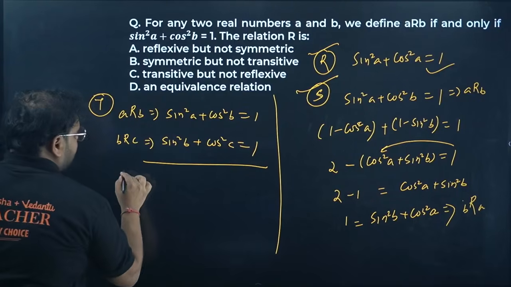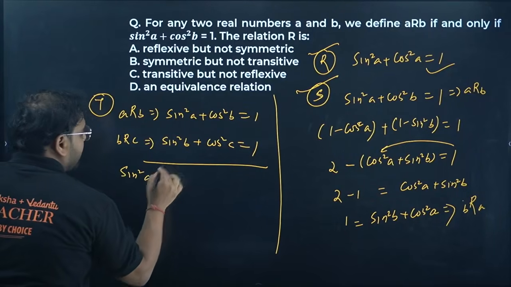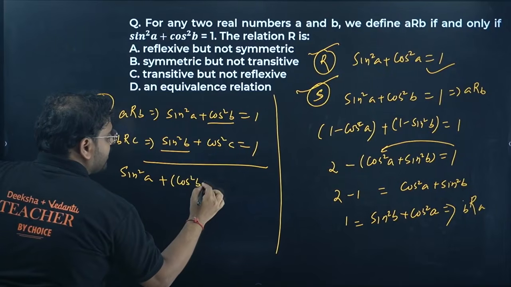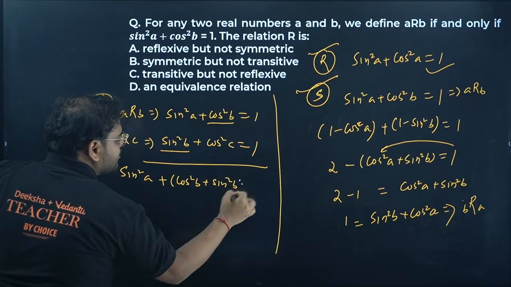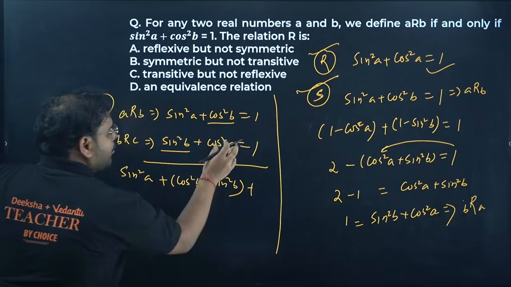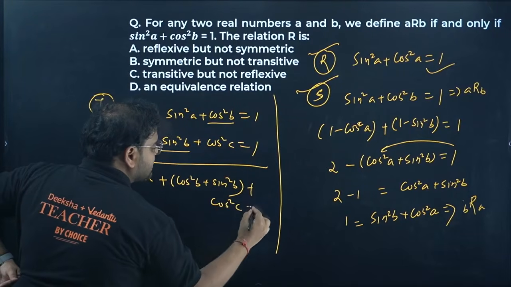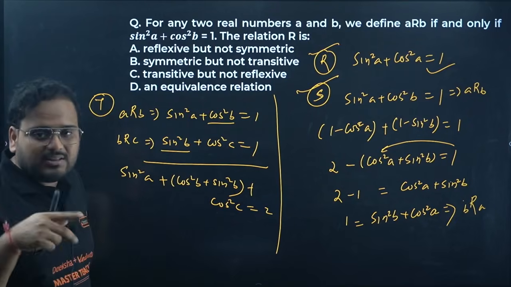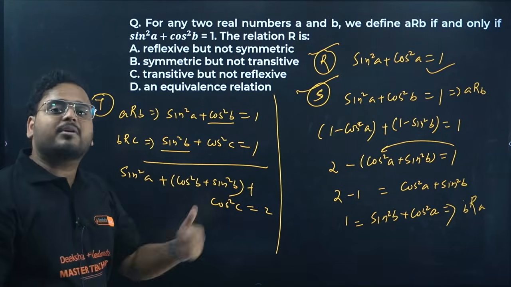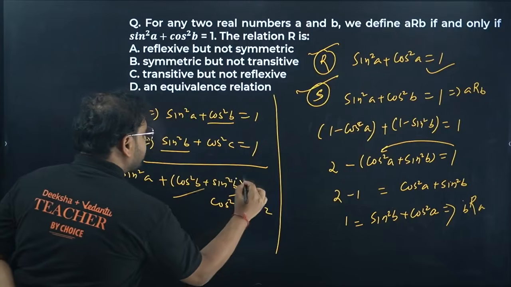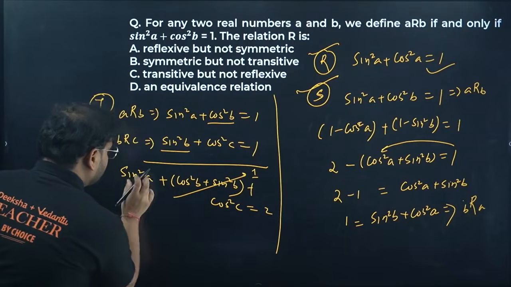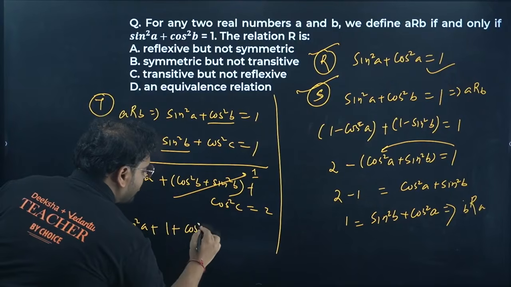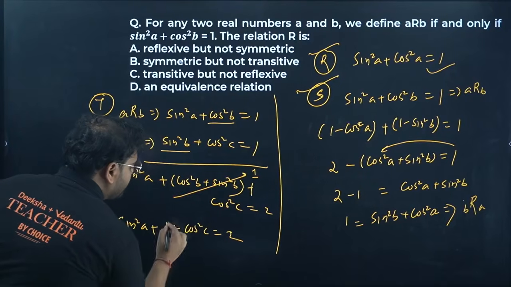You get sin square A as it is, and you have cos square B and sin square B. Add them together in the bracket, cos square B plus sin square B, and last we have cos square C. So right here, 1 plus 1 is 2. We all know cos square B plus sin square B is 1, again identity number 1 from grade 10. This is going to be equal to 1. So we have sin square A plus 1 plus cos square C is 2. If you move this over here, you get 1.